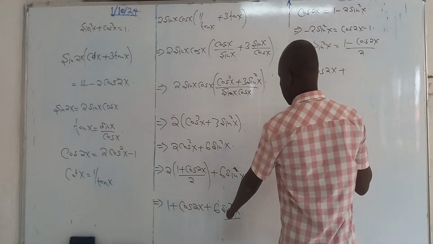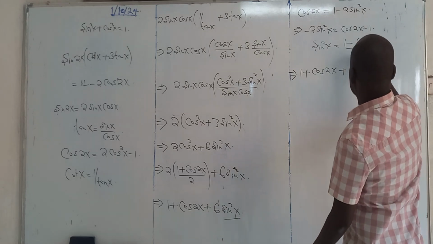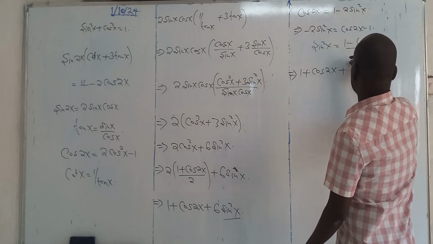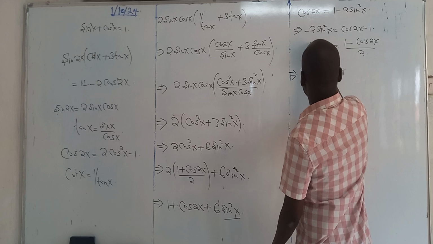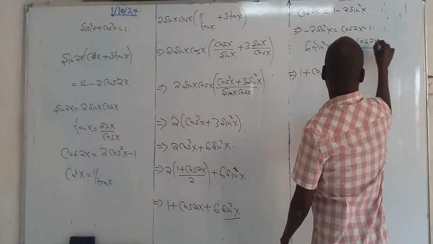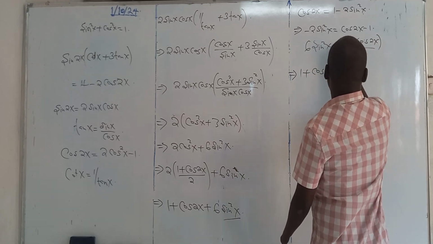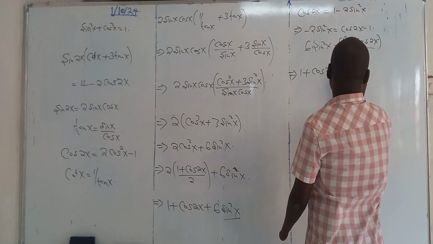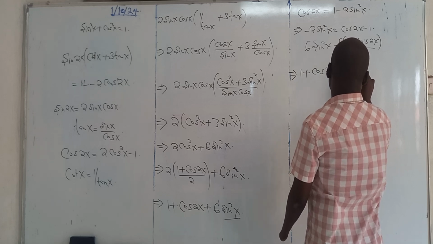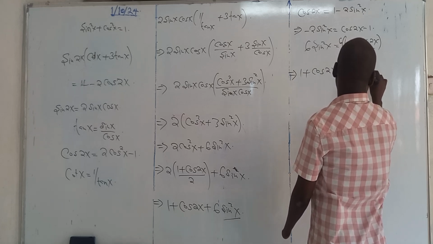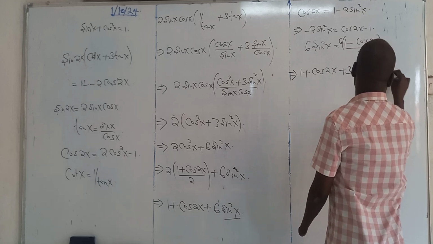plus 6 into this. In other words, 6 over 2 is 3, so 3 into 1 minus cos of 2x.